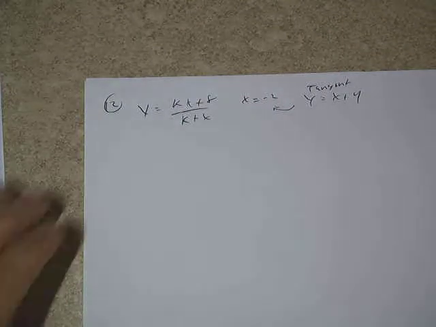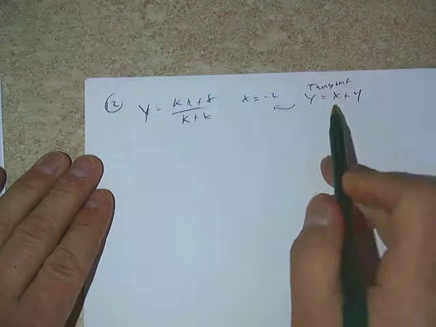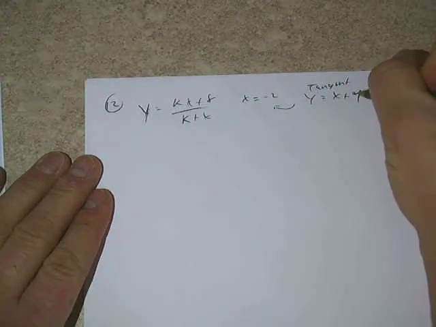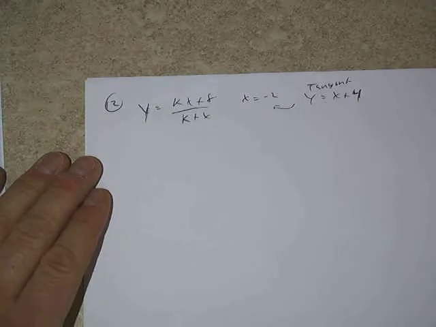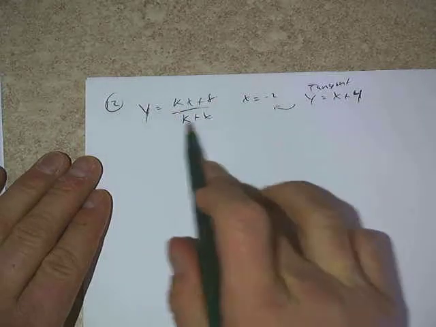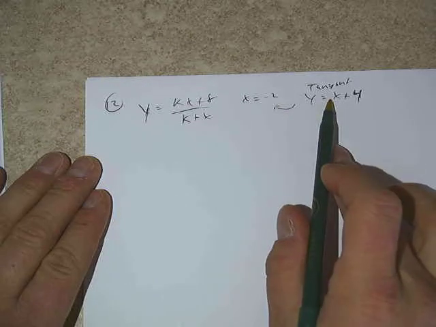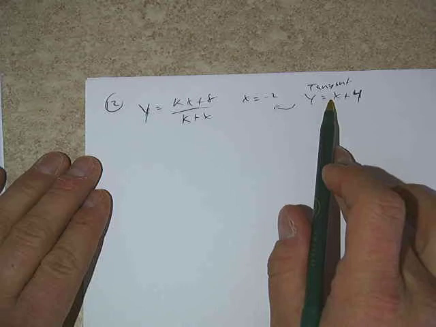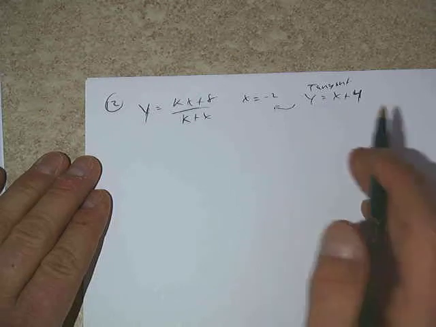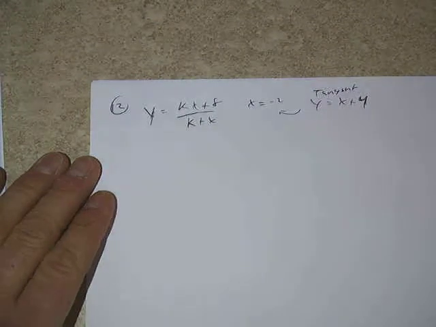Keep in mind that if this is our function, and we have a tangent line of y equals x plus 4, then the derivative at negative 2 would have to equal what? The slope of the tangent line and the derivative have to be equal, don't they? So what's the slope of the tangent line? 1. So the derivative of this at negative 2 would have to equal 1.